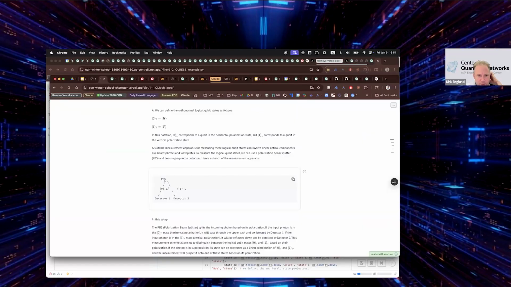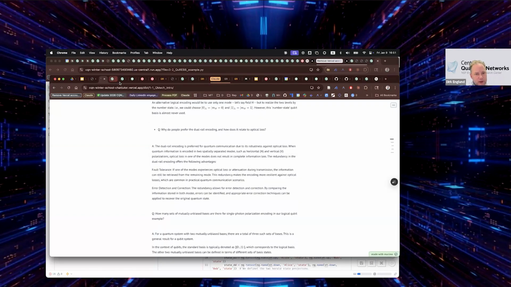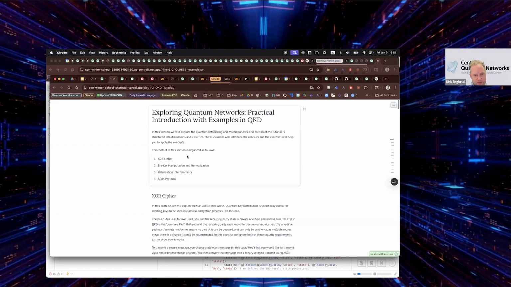Here's the linear optics Bell measurement. You know what? I think we will run out of time. So I'm going to just give you a sense of what's in these notebooks.